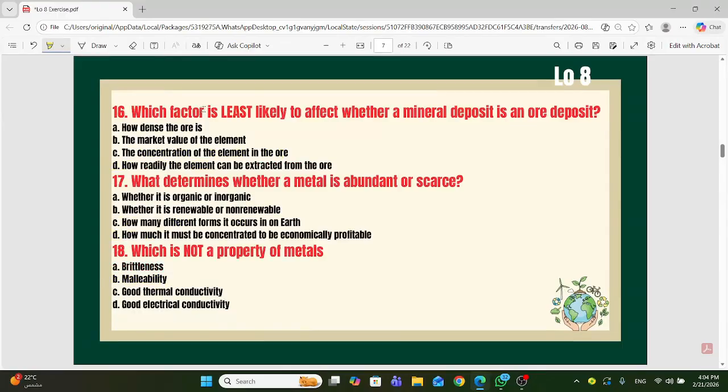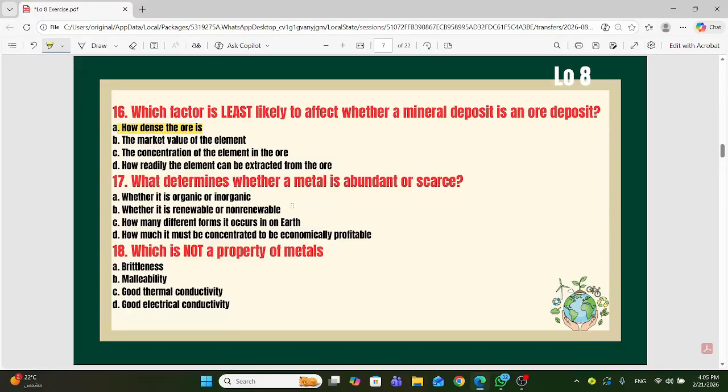Which factor is least likely to affect whether a mineral deposit is an ore deposit؟ طيب how dense ore is أو ده الأقل effect. طيب what determine whether a metal is abundant or scarce؟ طيب إيه اللي هيفرقلي organic or non-organic؟ لا.